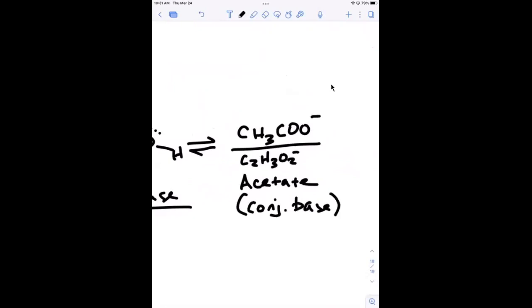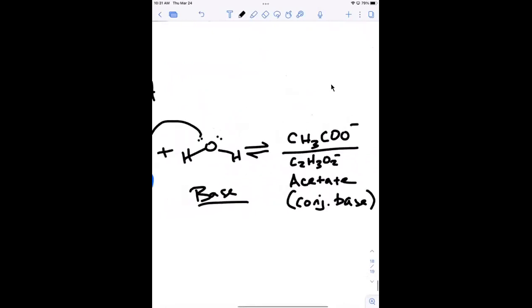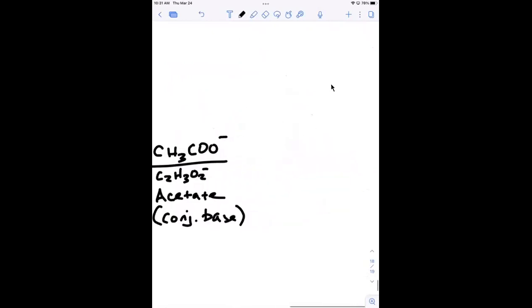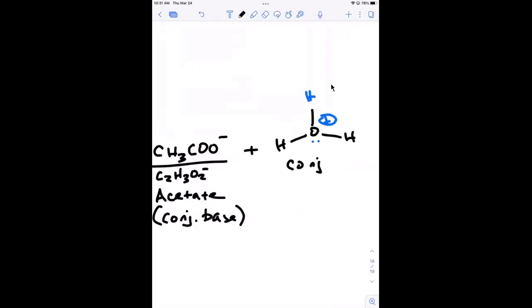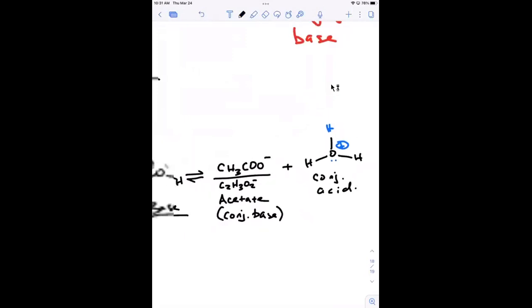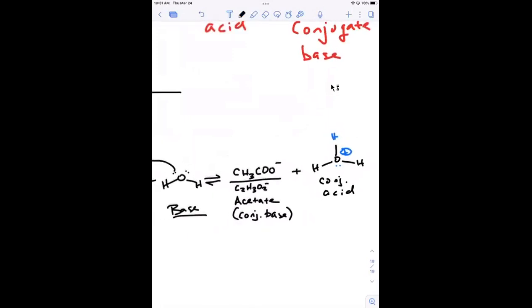So the acid always becomes the conjugate base, and then the base is going to become the conjugate acid. This oxygen is now positive, and this is the conjugate acid. Period. So that's the reaction right there.